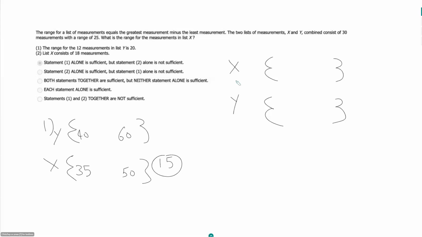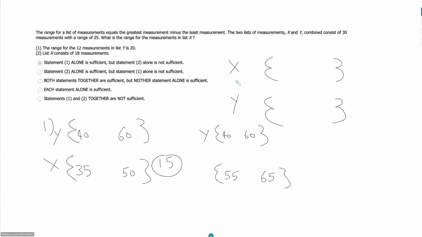If I were to use the same list Y, 40 and 60, and then choose values for X of 65 and 55 for the lowest.